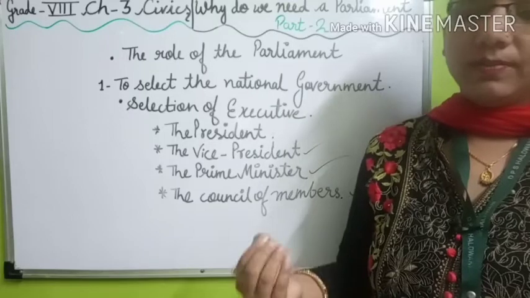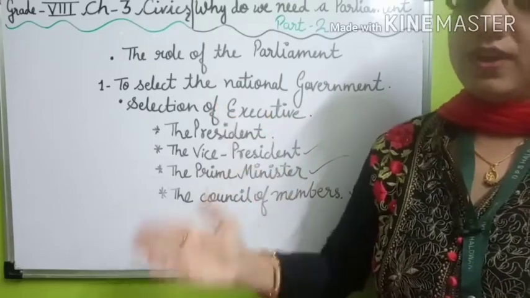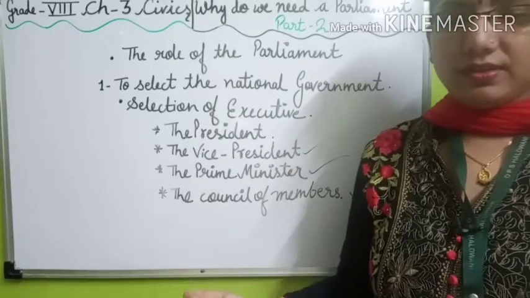The president is elected for a term of 5 years, यानी कि जो president है उसे कितने साल के लिए चुना जा सकता है? 5 years के लिए.